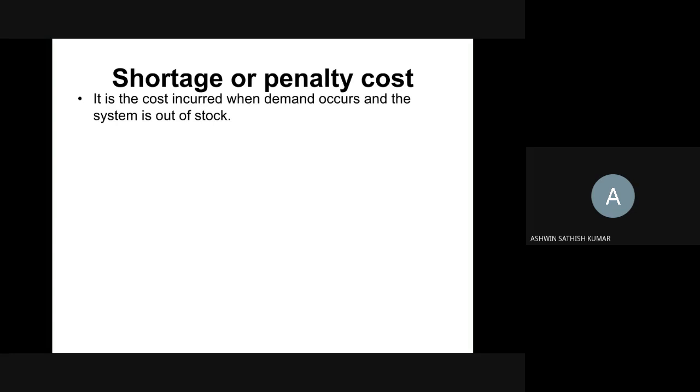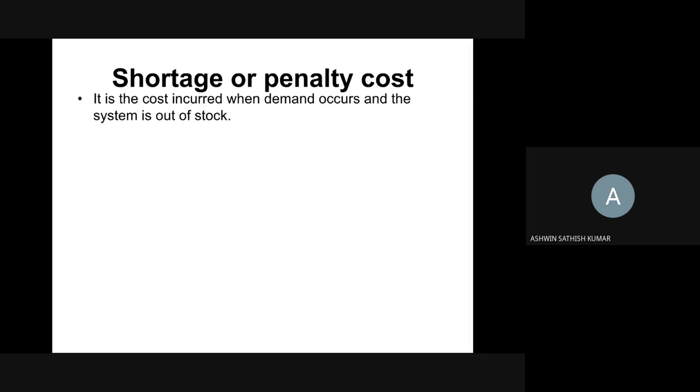Thereafter, after the procurement cost and the holding cost, we have another type of cost known as the shortage cost or the penalty cost. Shortage cost is the cost incurred due to the absence of the item. When we don't have sufficient items to fulfill the demand, then we have to bear the shortage or penalty cost.